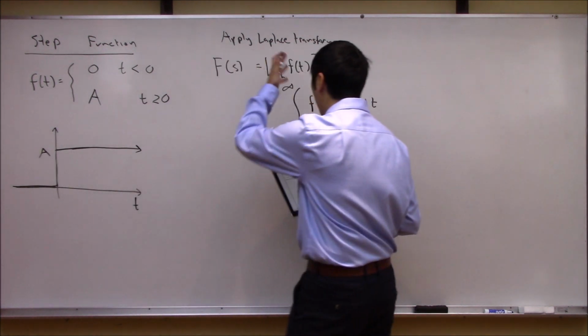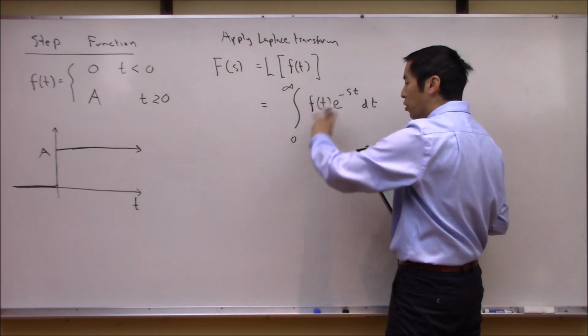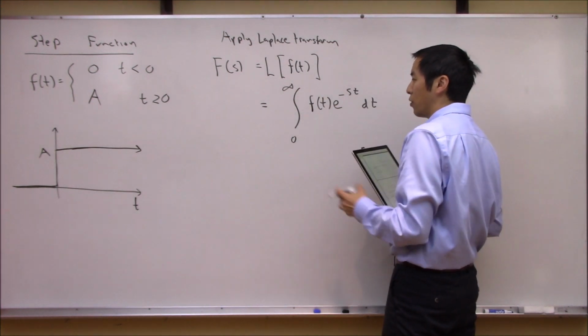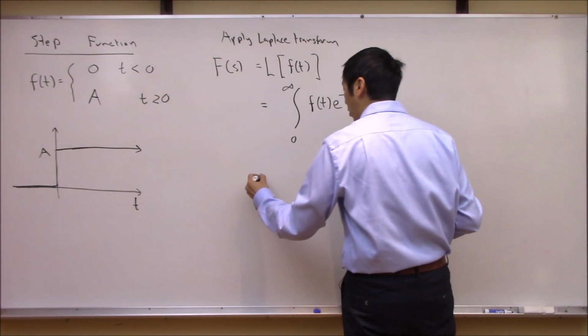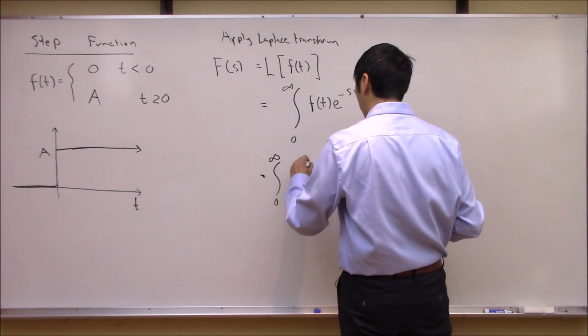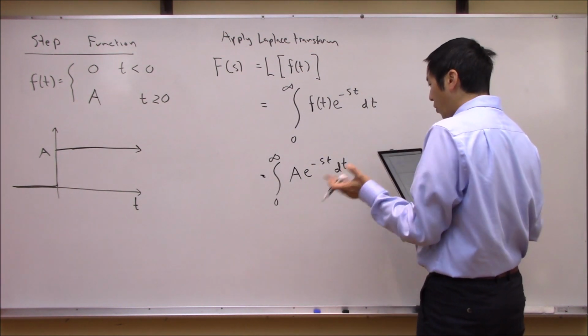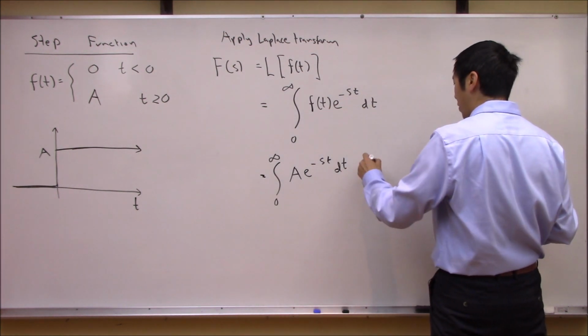The Laplace transform method is a very similar process: plug it into the definition of the integral and start cranking away. So, integral from 0 to infinity of a e to the minus st dt. This is basically the exact same thing we did earlier.